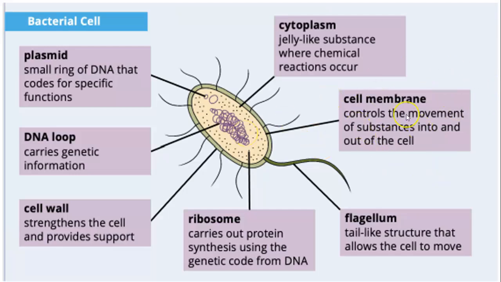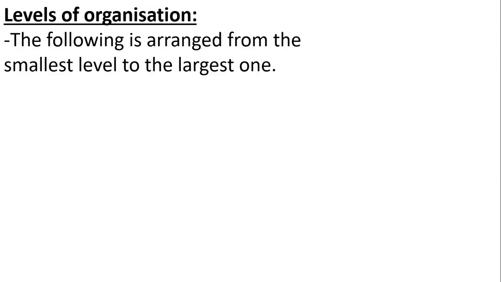The cell membrane, like any cell membrane, controls what goes in and out of this cell, in this case, the bacterial cell. The cytoplasm is again the jelly-like structure where chemical reactions occur and which holds all of the cell organelles. But as you already know, the bacterial cell is much simpler than the eukaryotic cell, the plant and animal cells, because it is a prokaryotic cell.